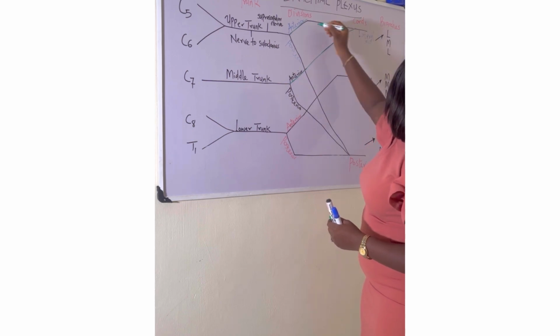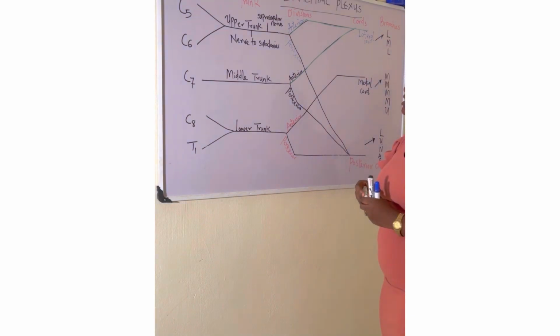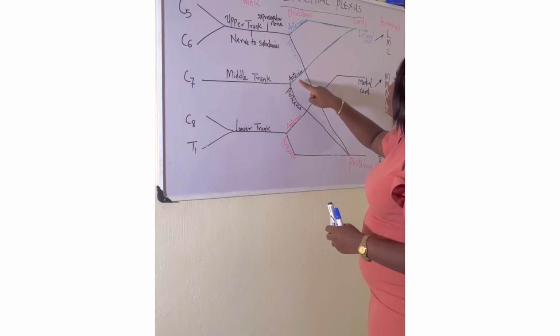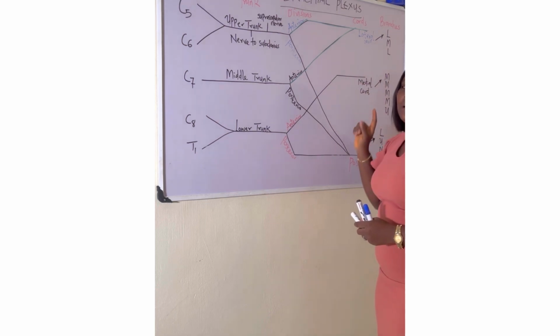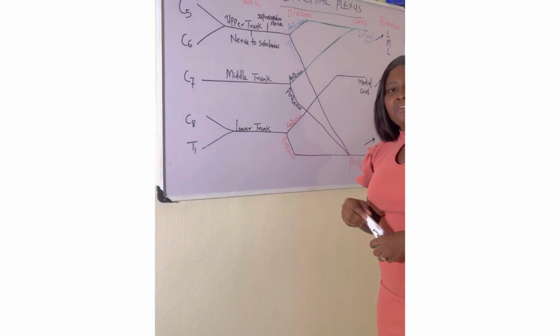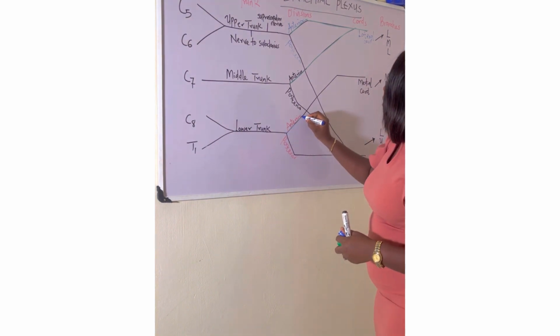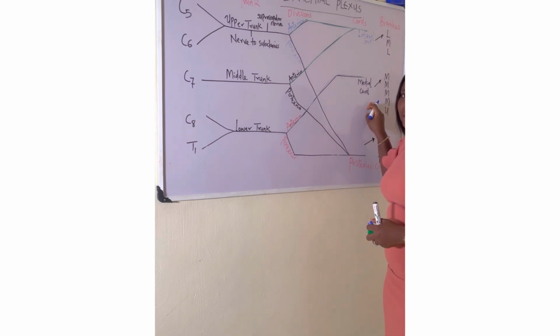Do you understand? Then let's go over to the medial cord. The medial cord is formed by the anterior division of the lower trunk. So the anterior division of the lower trunk alone forms the medial cord.